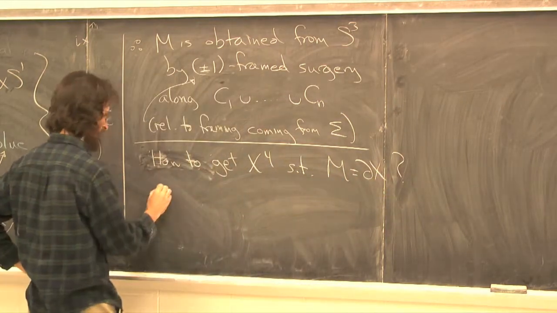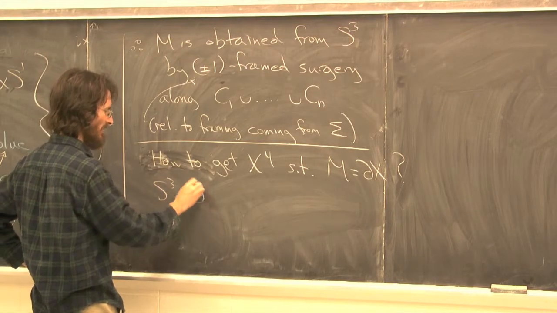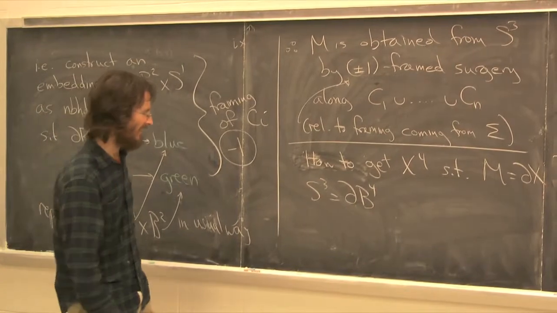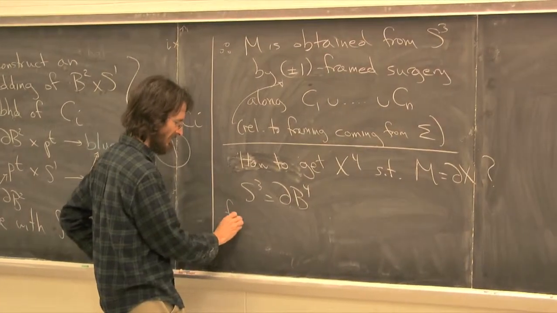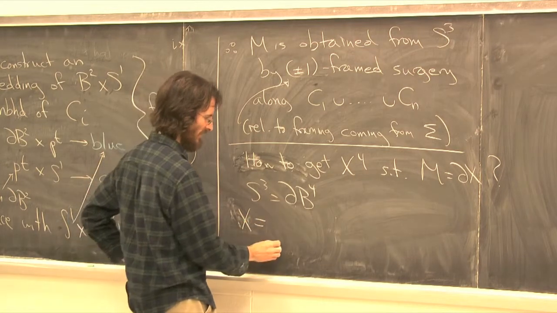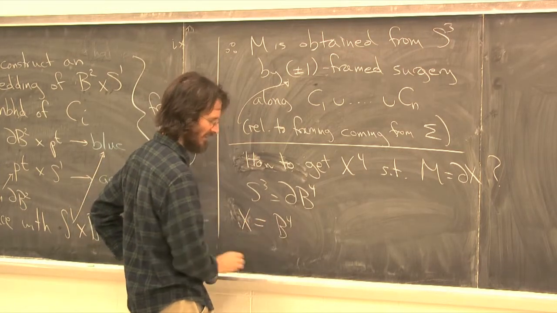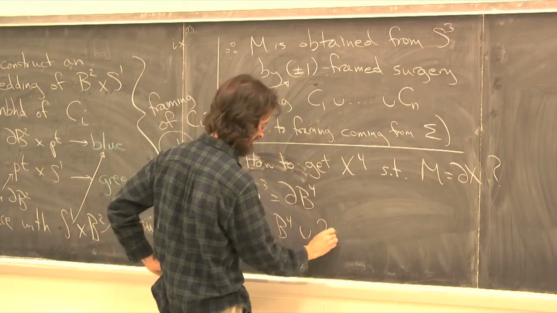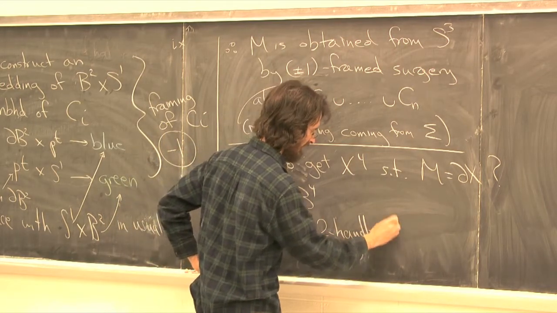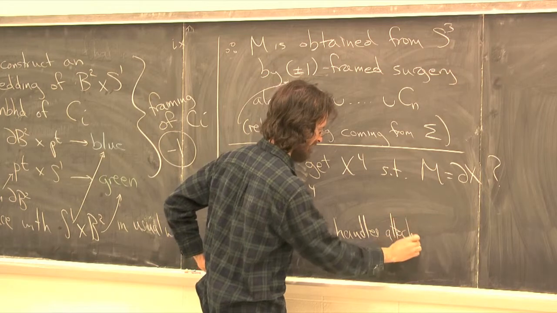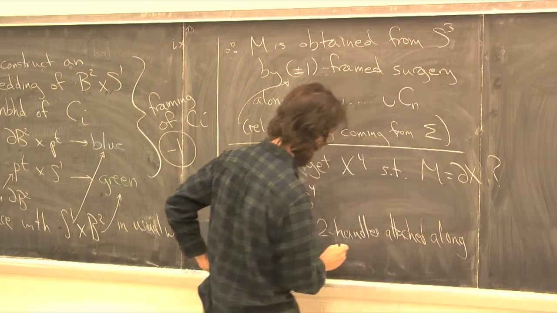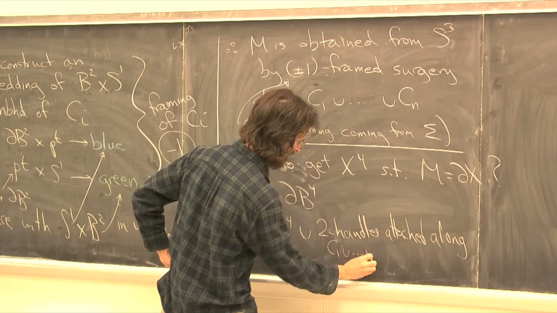Well, first of all, S3 is the boundary of B4, so the statement is true for S3, right? And then X is going to be equal to B4, the 0-handle, union 2-handles attached along C1 up to Cn in these framings.